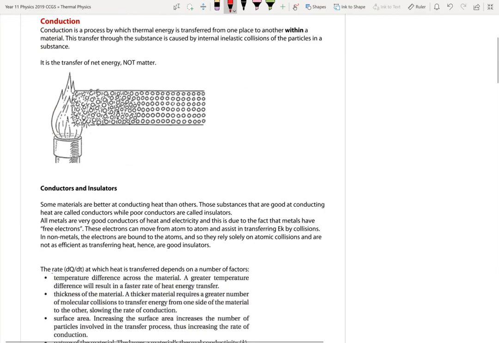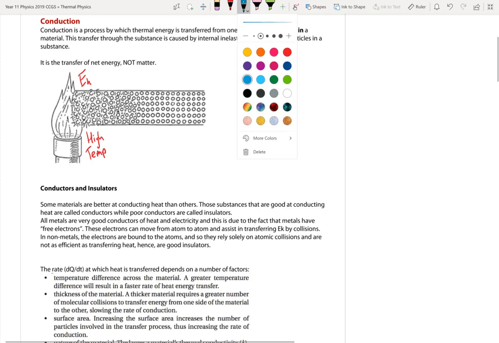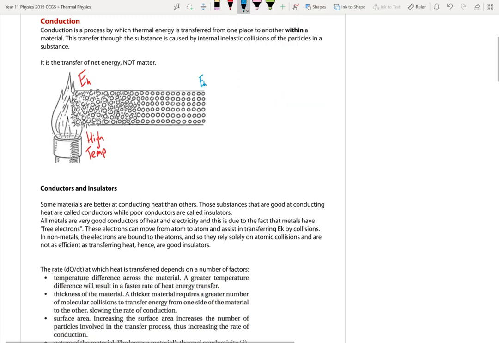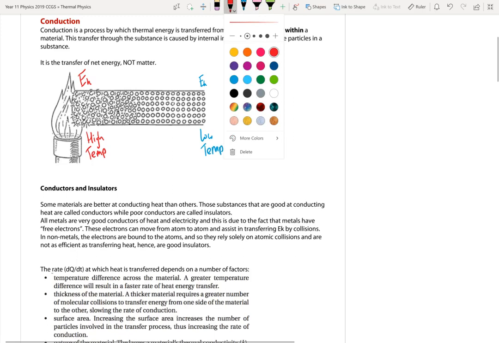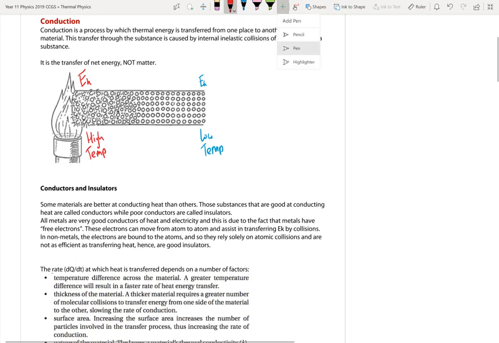we'll go lots of EK here. We will say high temperature. And then on the other side, less EK, low temperature. And we would see over time, have I run out of pens? I'm going to add a pen.